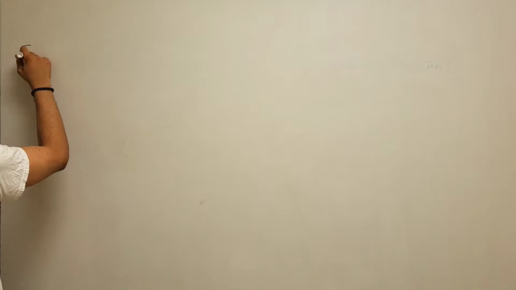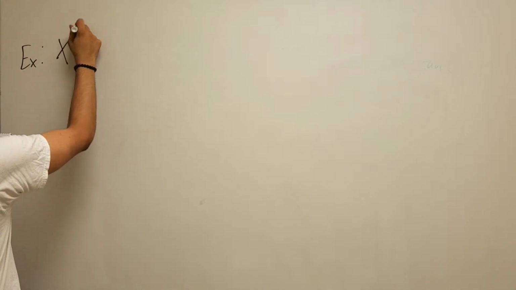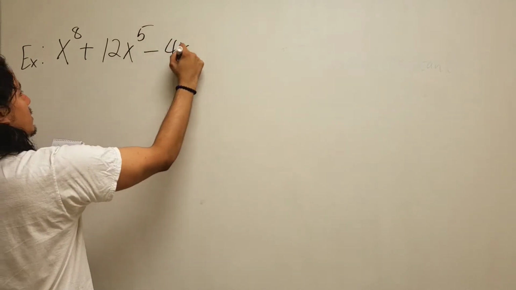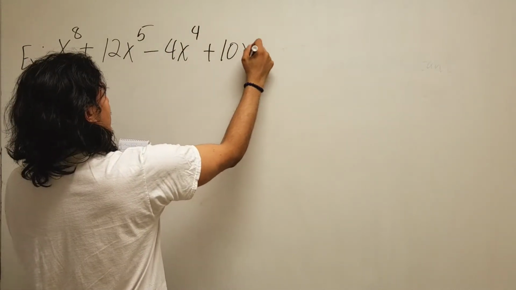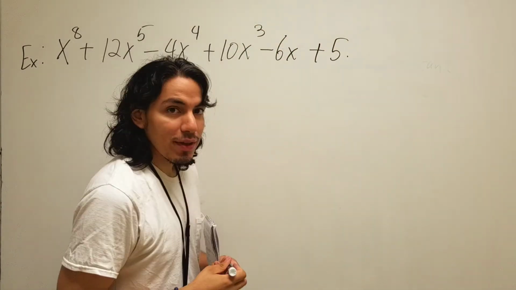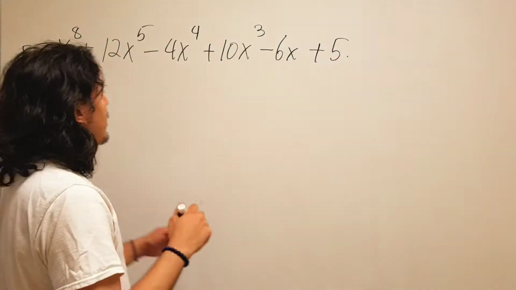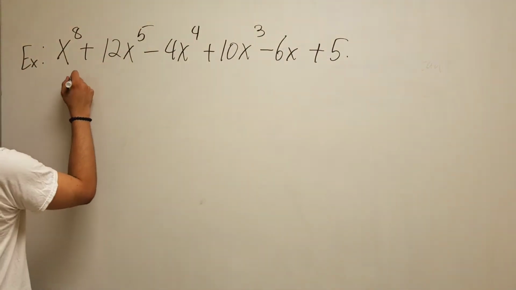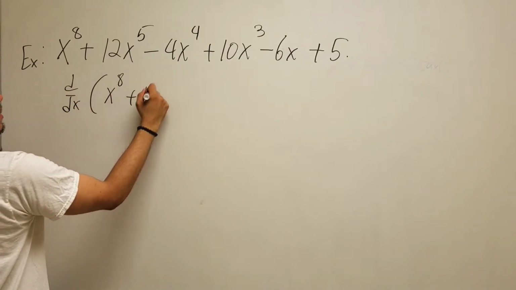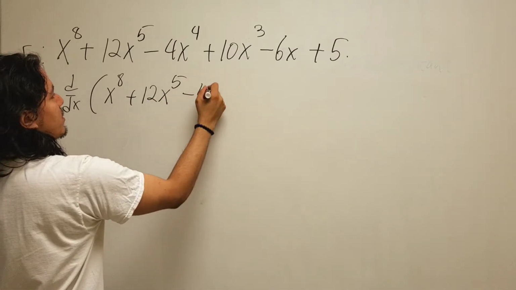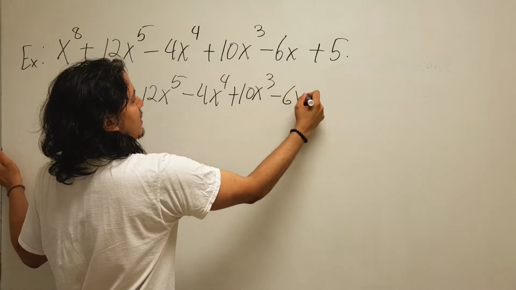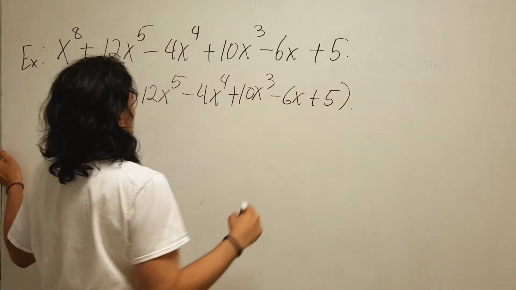So let's use the example here: x to the 8th plus 12x to the 5th minus 4x to the 4th plus 10x to the 3rd minus 6x plus 5. Okay. So when we differentiate this, it's going to be d dx of (x to the 8th plus 12x to the 5th minus 4x to the 4th plus 10x to the 3rd minus 6x plus 5).